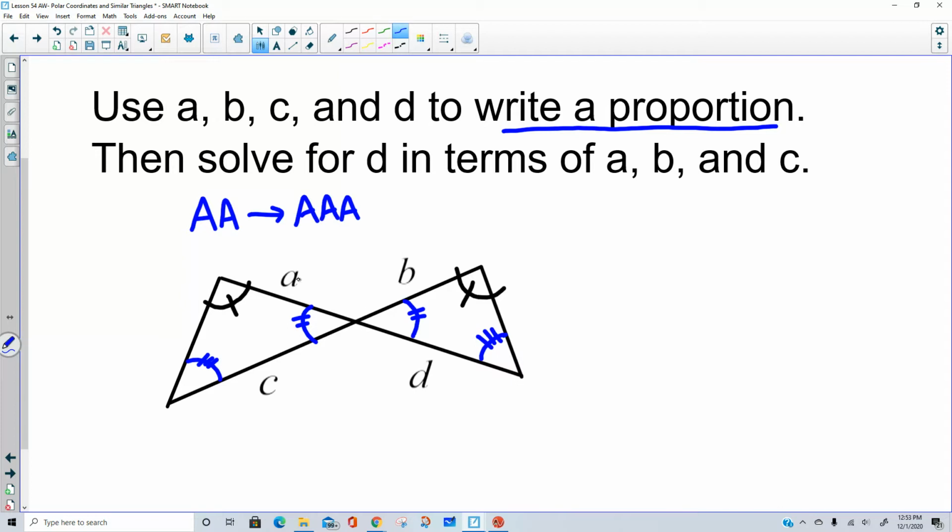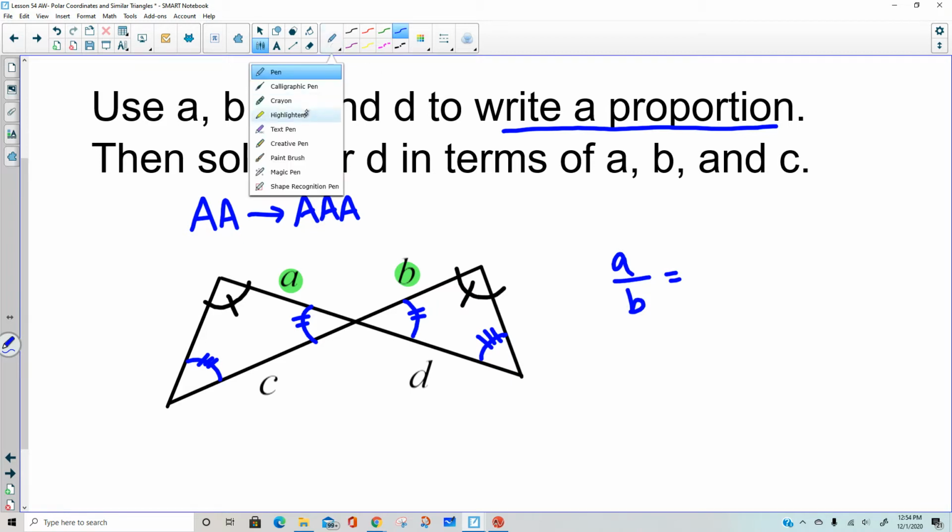Because the ratios of corresponding sides are proportional. So if I start with A, what does it correspond to in the right triangle? A is opposite the triple marked angle, so it corresponds with B. So I say A is to B as C is to D, right?